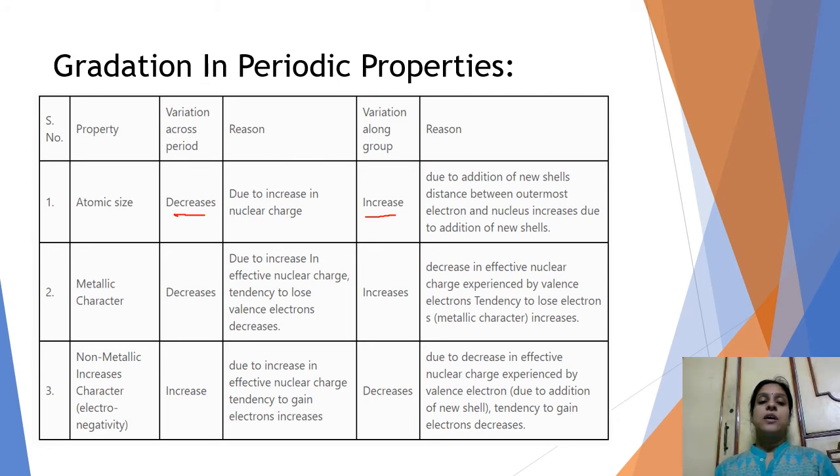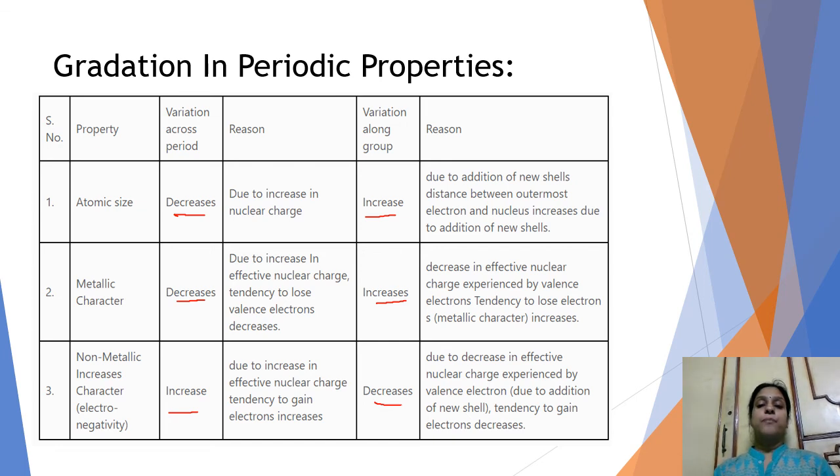Metallic character decreases across a period, whereas vice versa, it increases along a group. Non-metallic character increases across a period, whereas it decreases down a group. So remember, if a property is decreasing in a period, it will increase in a group, meaning the period and group show opposite patterns.